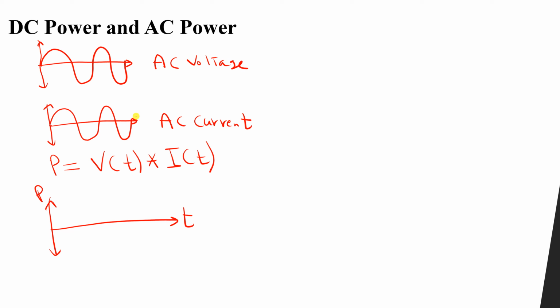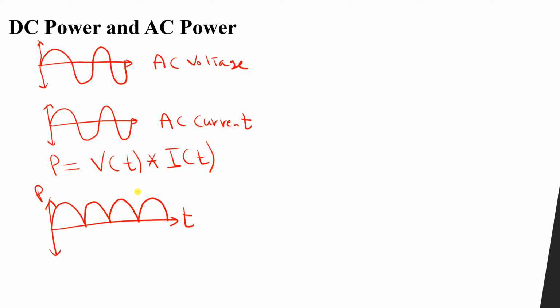Negative multiplied by negative gives a positive signal, and positive with positive gives positive. So the product of voltage and current looks like this.